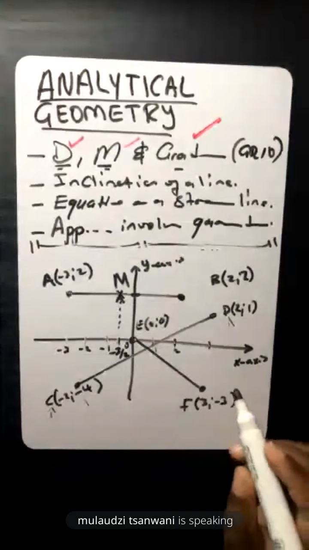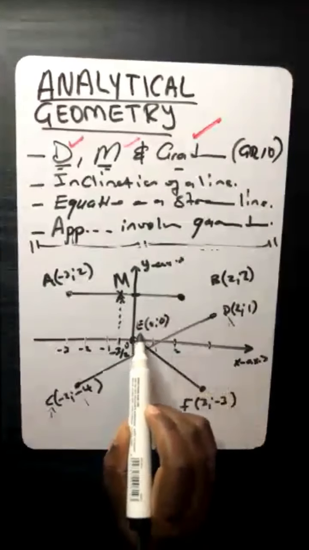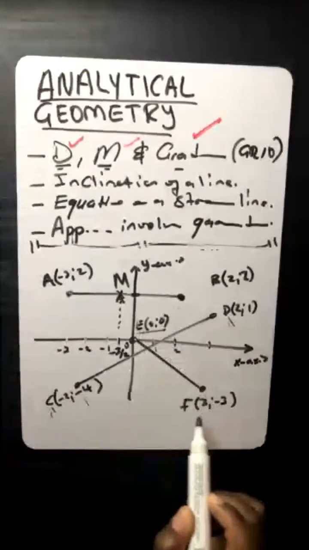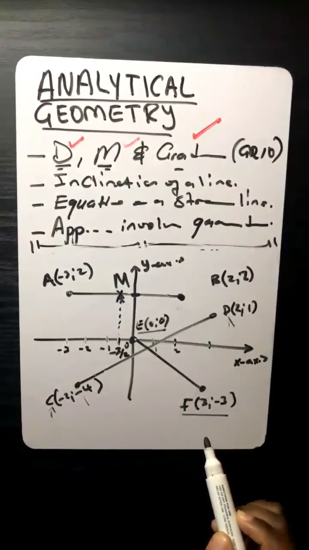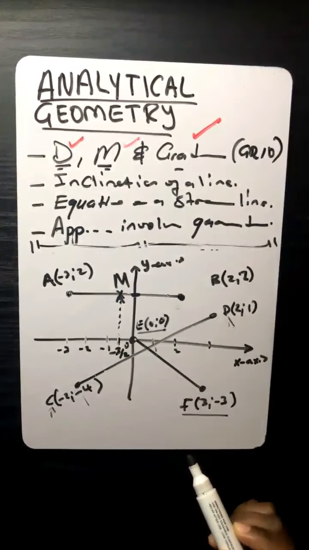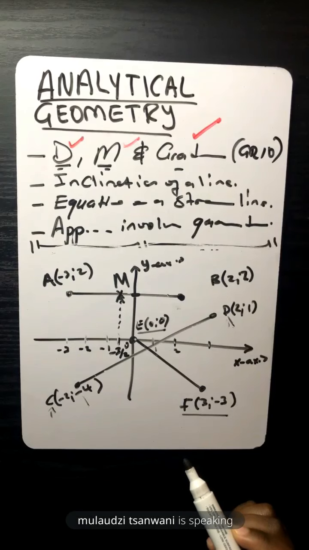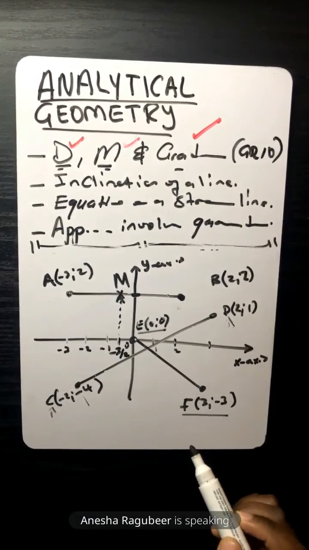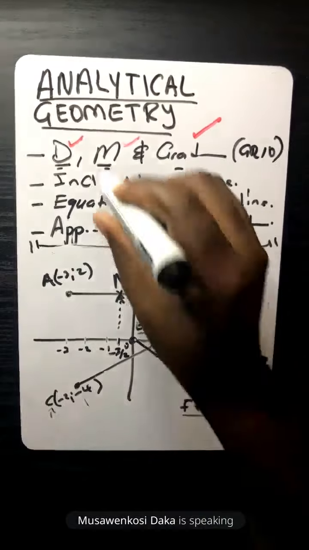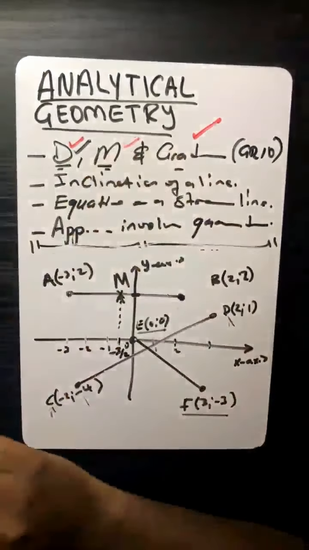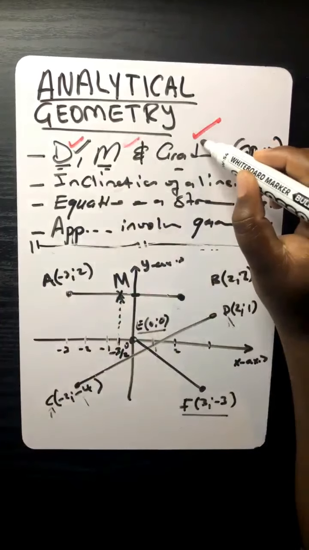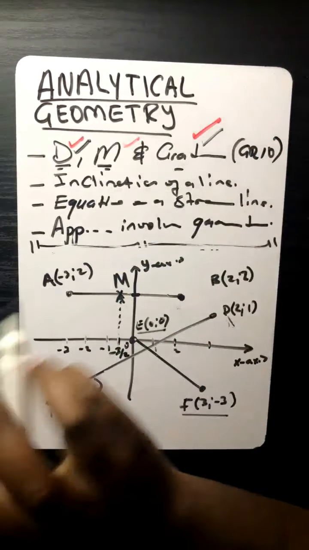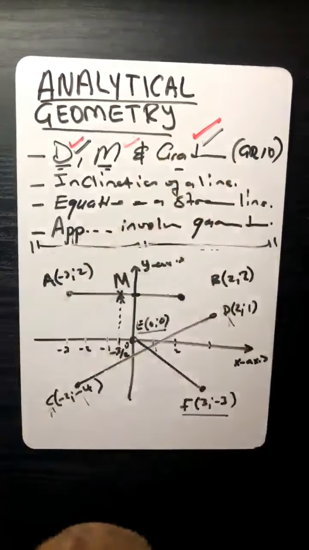What about the distance of EF? Is it going to be positive or negative? Positive sign. Yeah, 100%. So guys, when we calculate the distance, we are always expecting a positive answer. But when it comes to the gradient, that's when we expect either a positive or negative answer.